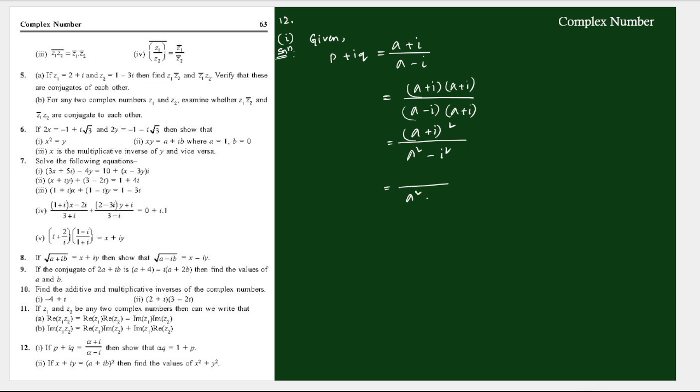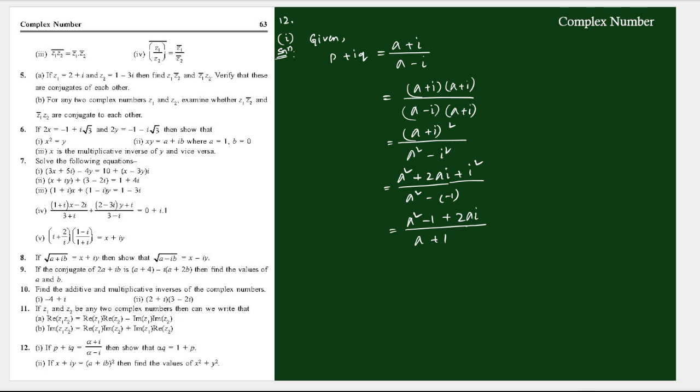So alpha square minus 1. This will be alpha square plus 2 alpha i plus i square. So this is alpha square minus minus plus 1. Then i square is minus 1, plus 2 alpha i.